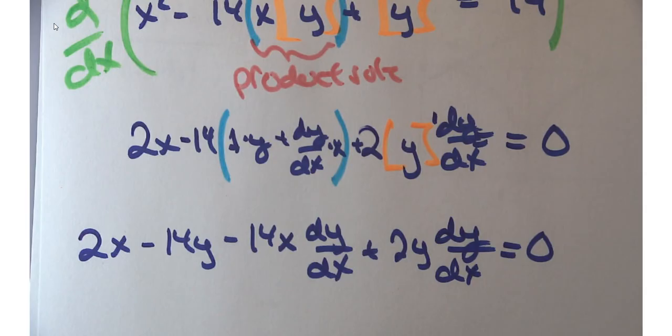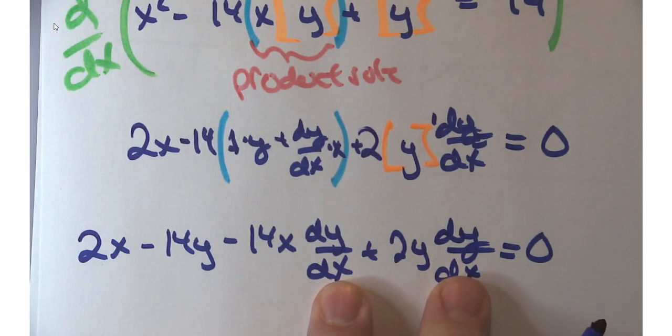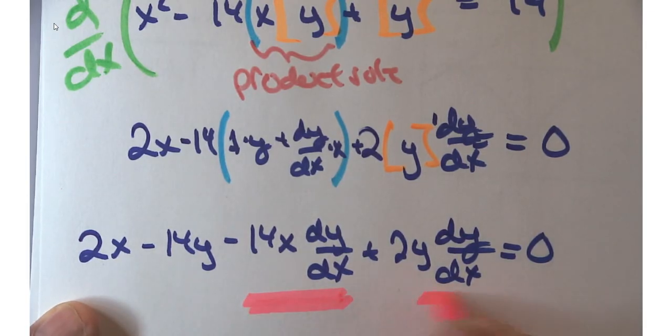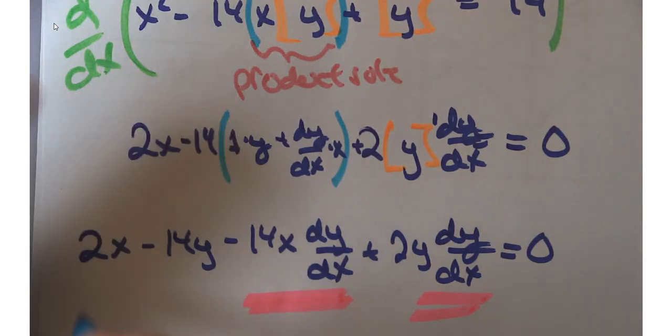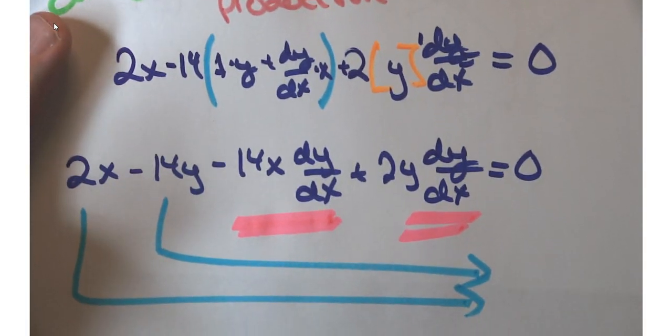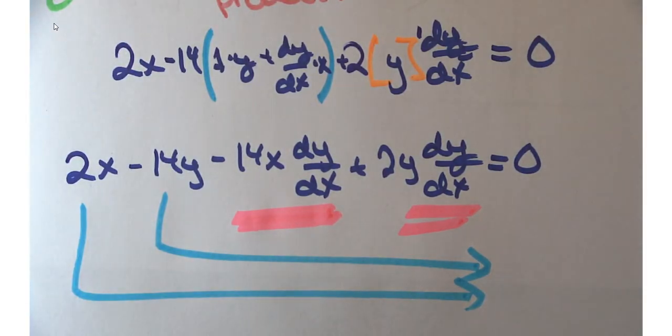But then I need to solve for dy by dx. If you notice, a couple of these terms don't involve the dy by dx. These terms I want to keep here. These other terms, I'm going to get rid of them. So that one I'm going to move to the other side. That one I'm going to move to the other side. When something changes sides, it also changes signs.